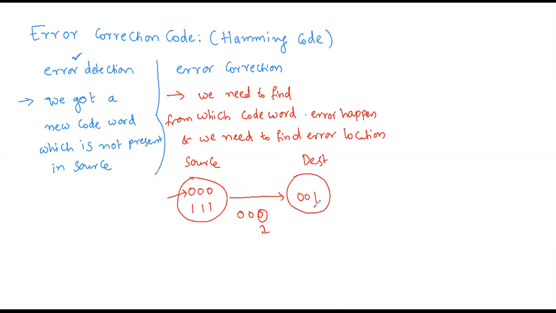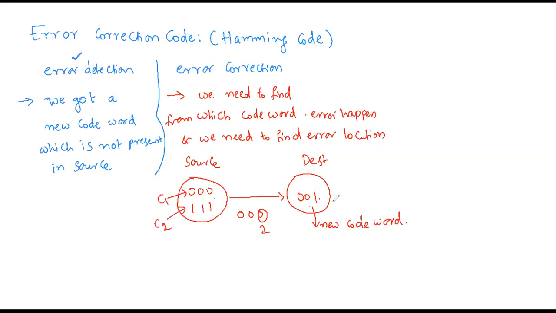We will compare the code words present in the destination with the code words present in the source. In the source we have 000 and 111, but in the destination 001. This is a new code word.